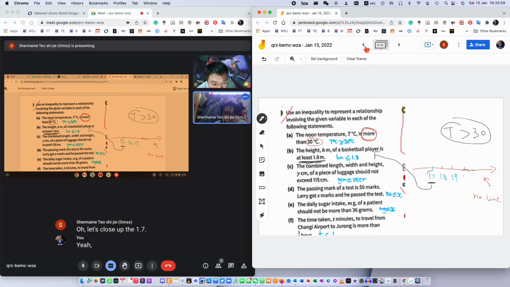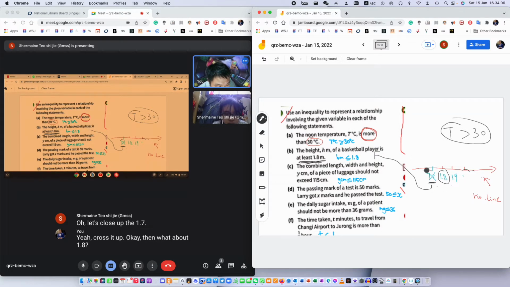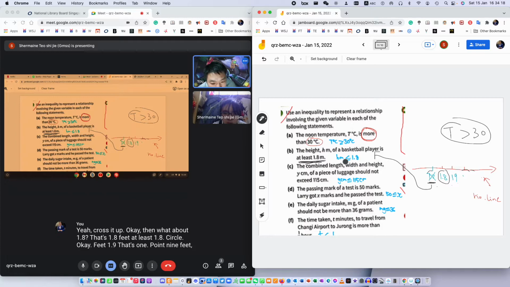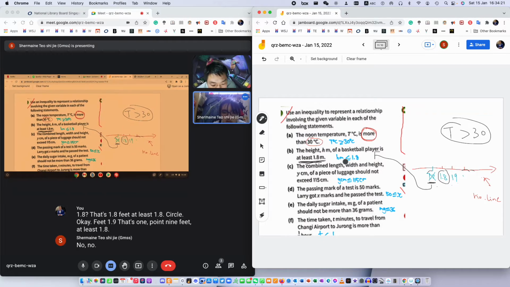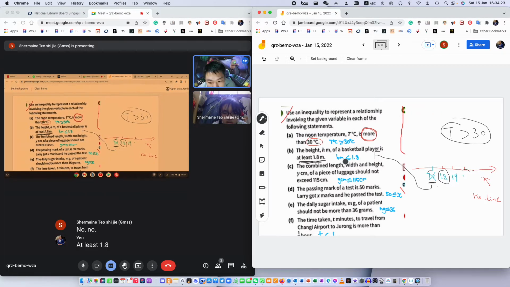Yep, cross it out. Okay, then what about 1.8? Does 1.8 fit at least 1.8? Circle, okay, fit. 1.9? Does 1.9 fit at least 1.8? At least 1.8 means starting 1.8, right?